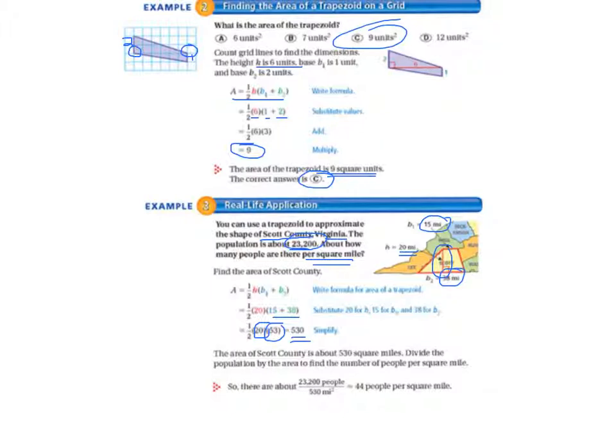So the area of Scott County is about 530 square miles. And then you have to divide the population by the area to find the number of people per square mile. So you take 23,200 people and you divide it by 530 and you get 44 people per square mile.